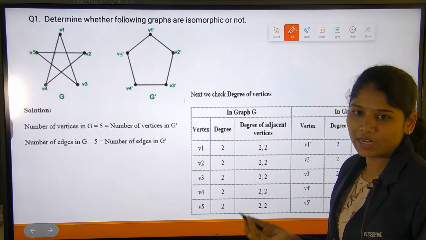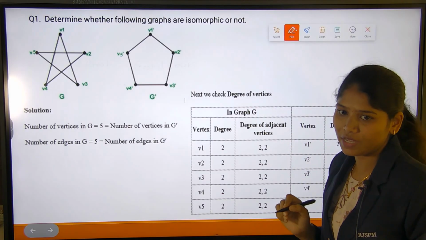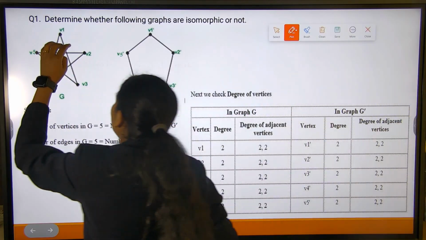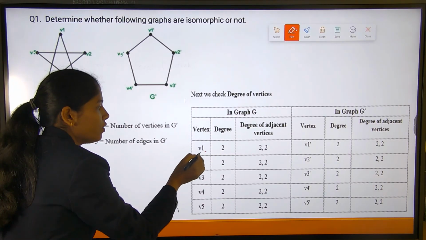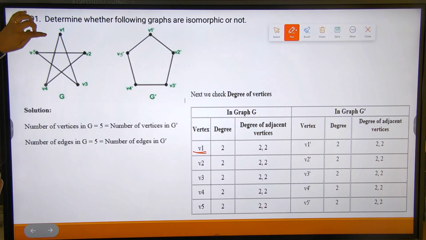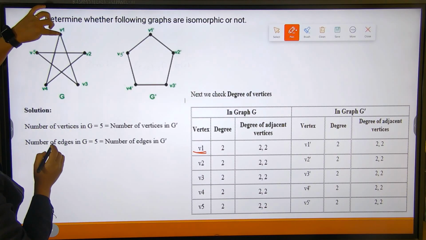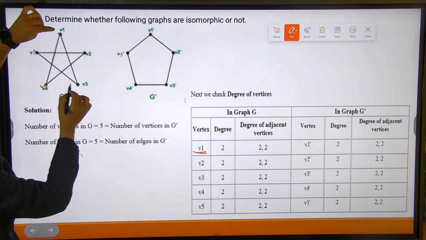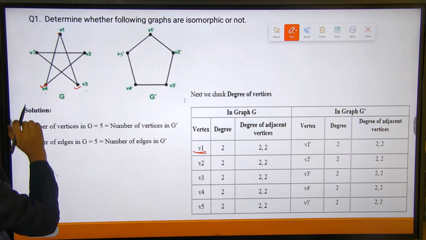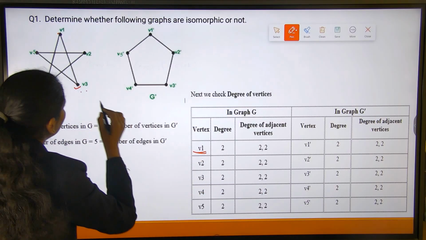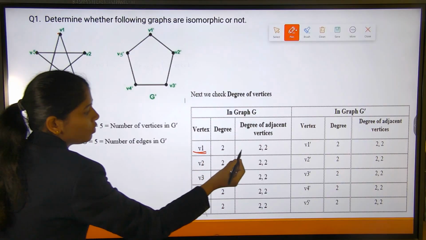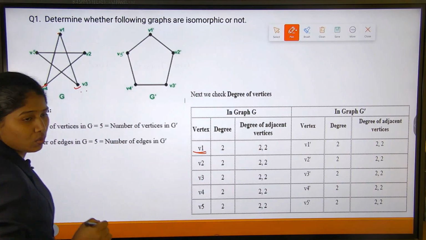Next we need to find out the degree of adjacent vertices. For vertex V1 there are 2 vertices adjacent, V3 and V4, both having degree 2, therefore I have written 2, 2.